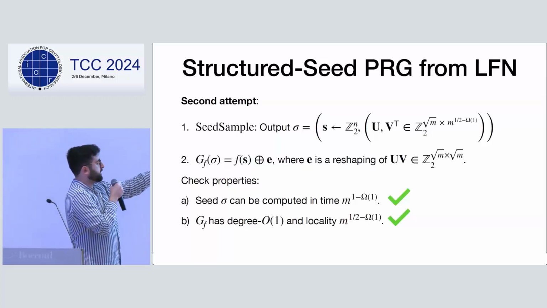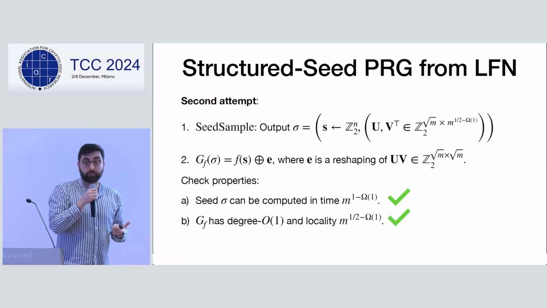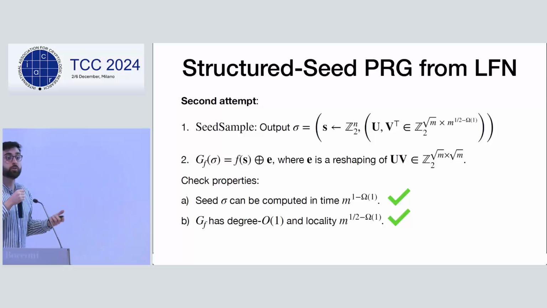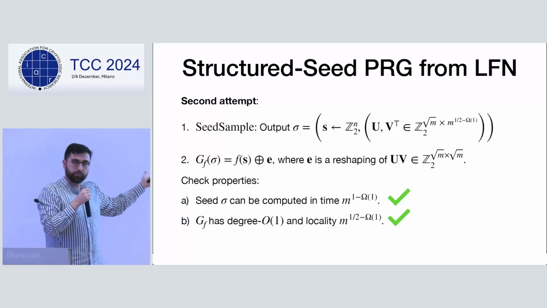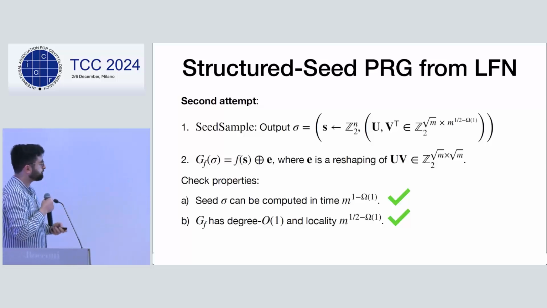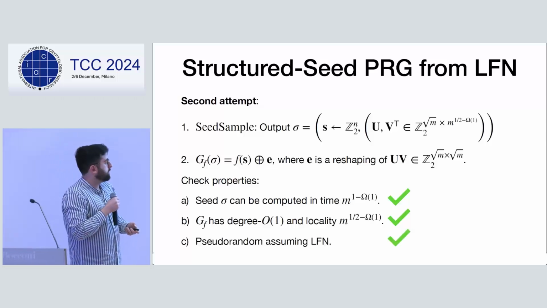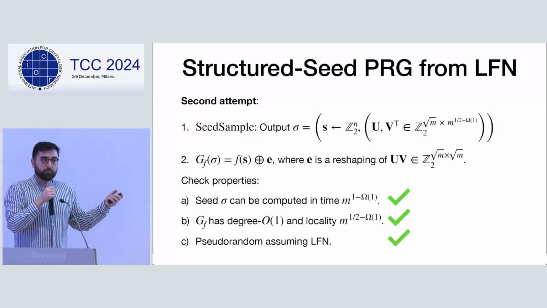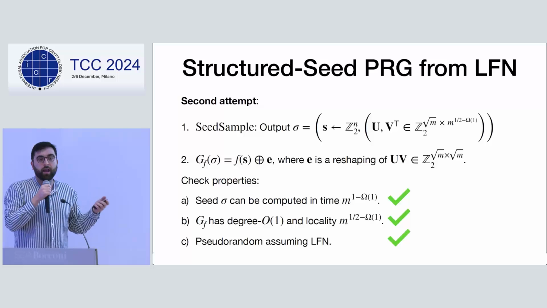And then this error vector E follows from a matrix multiplication of U and V, which is a degree 2 operation. And XORing is also a degree 2 operation, and so this will work out. And finally, this will be pseudo-random from the LFN assumption.